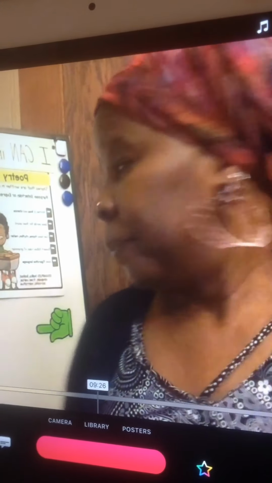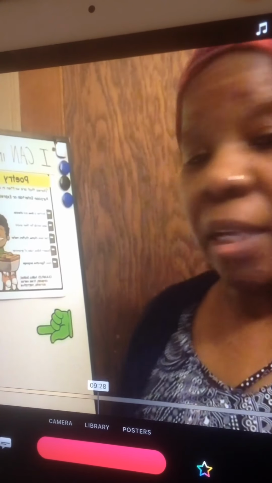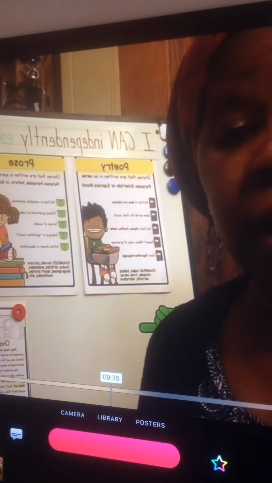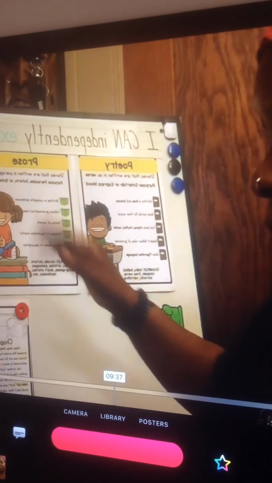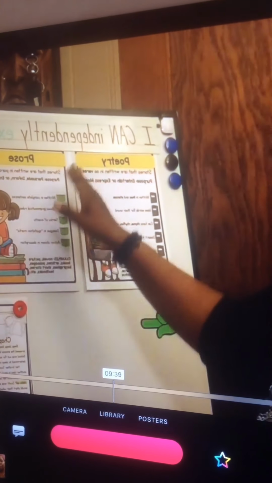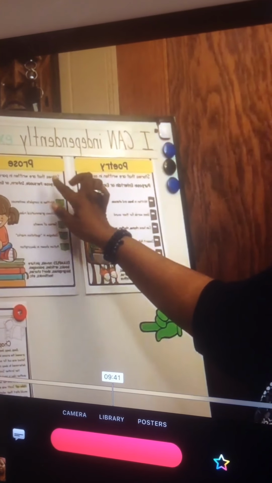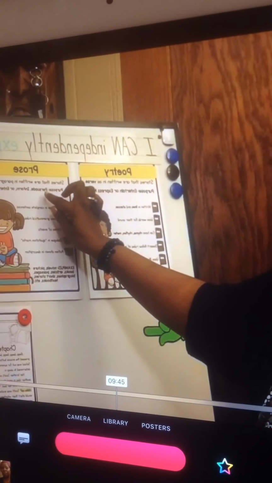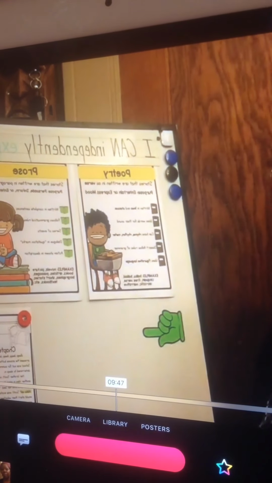That's Monday. On Tuesday, we're going to be looking at prose. Let me read prose to you. These anchor charts are in your information anyway. So prose is stories that are written in paragraphs. The purpose is to persuade, inform, or entertain.